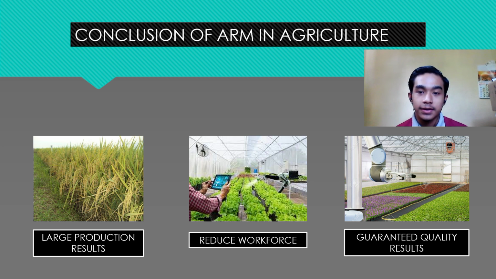After that, it can reduce the workforce by placing ARM technology to take over human work. Lastly, ARM technology guarantees quality results by detecting the presence of insects and others.